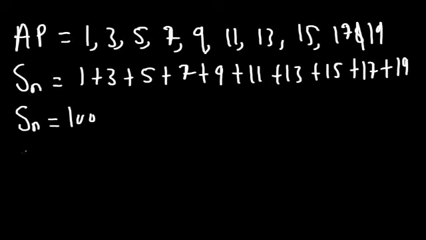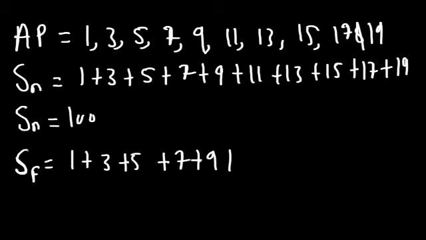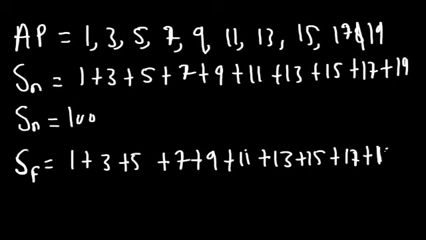Let me assume the sum in the first case. Let me say S sub f is equal to 1 plus 3 plus 5 plus 7 plus 9 plus 11 plus 13 plus 15 plus 17 plus 19. Now what I would like to do in this case is flip the order at which the terms are occurring.